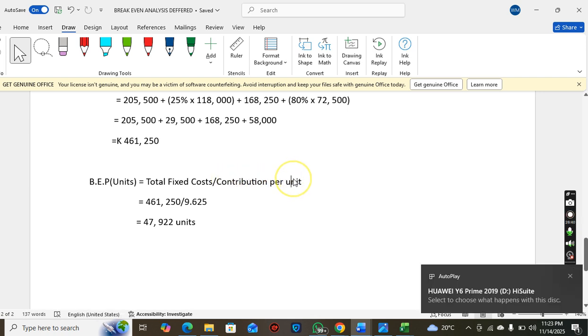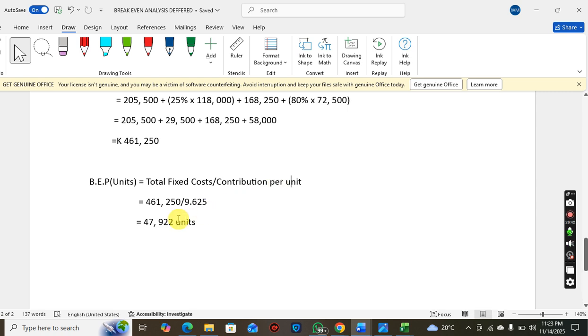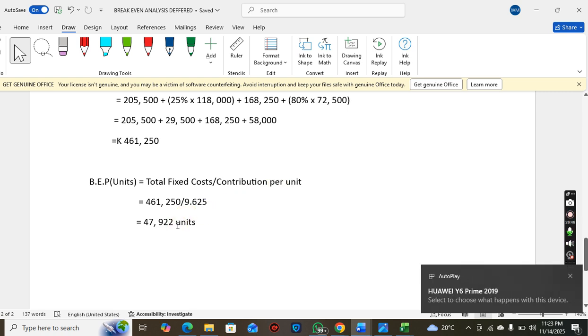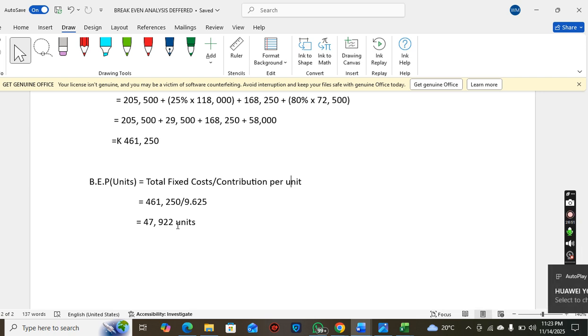If the contribution per unit increases, the break-even point is going to reduce. Because as a company, you don't want the break-even point to be so many units. You want them to be as few as possible so that you start making your profits early.